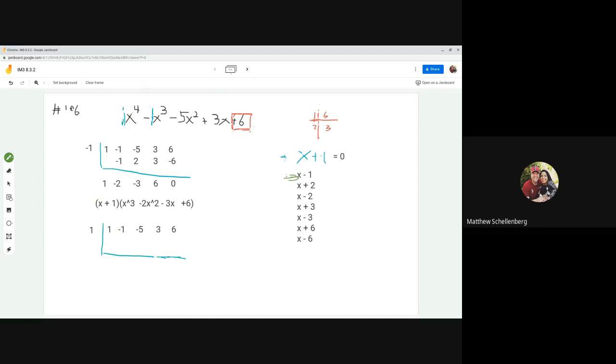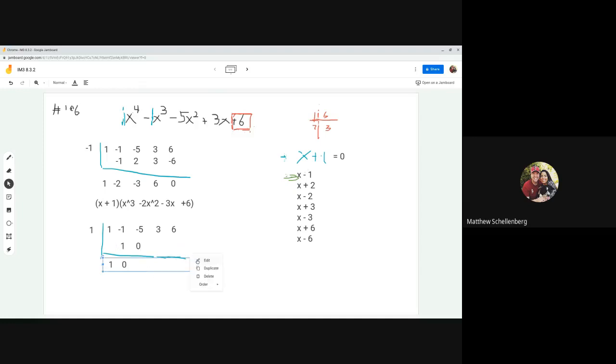What happens? Well, once again, we bring down the 1. And then 1 times 1 is, of course, 1. So that's going to go right here. Then we add them up and we get 0. And then we multiply 0 by 1 and we get 0.